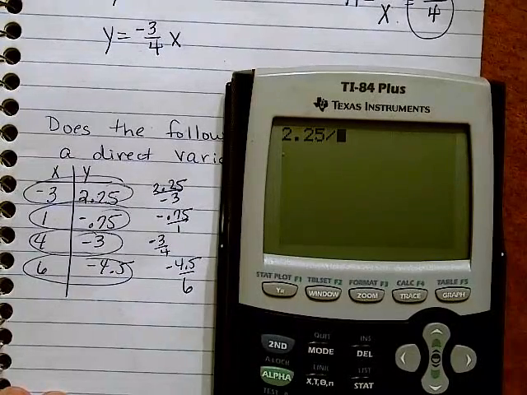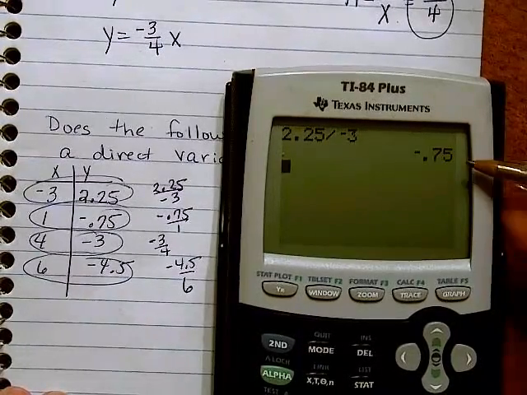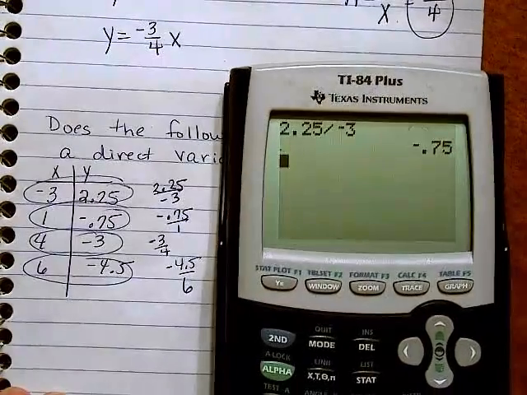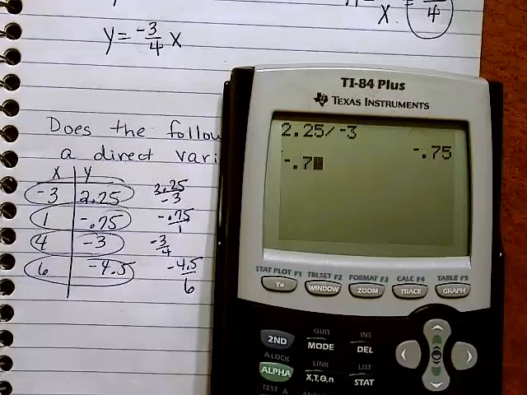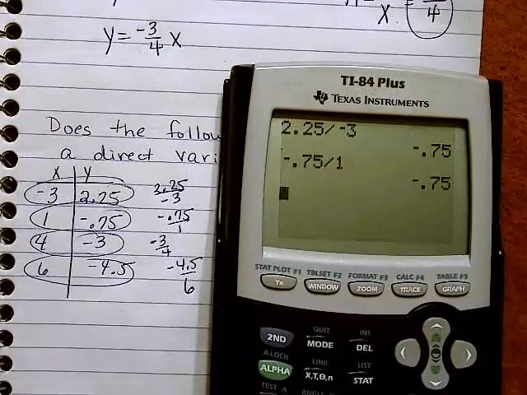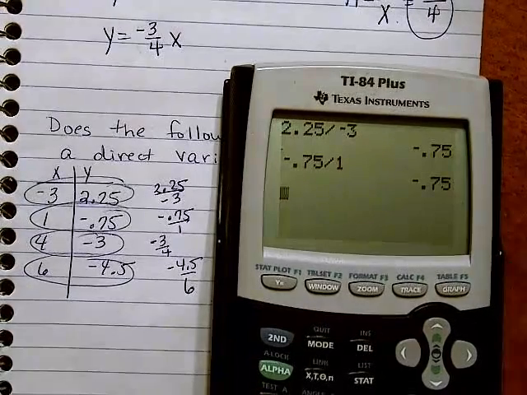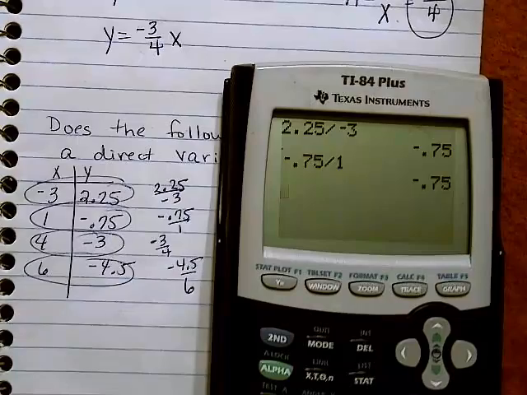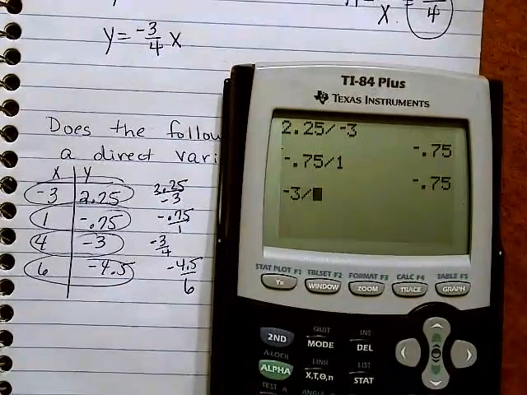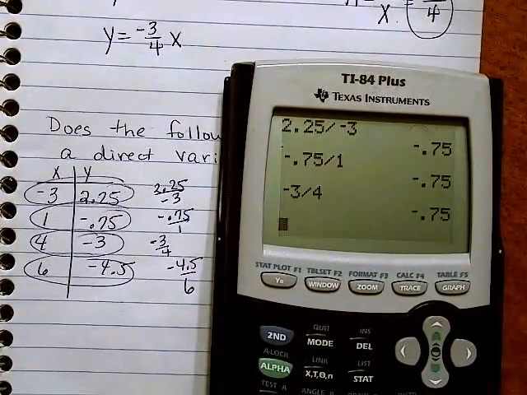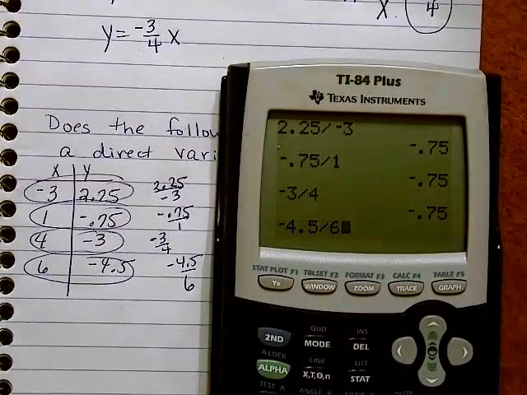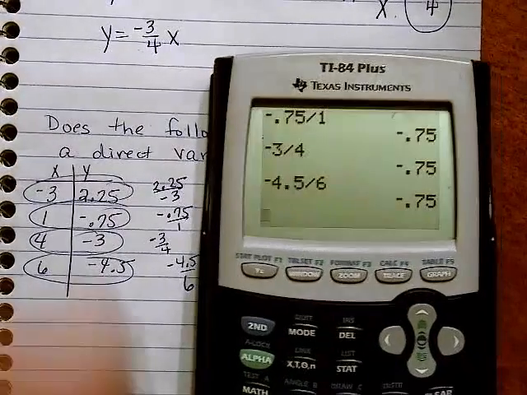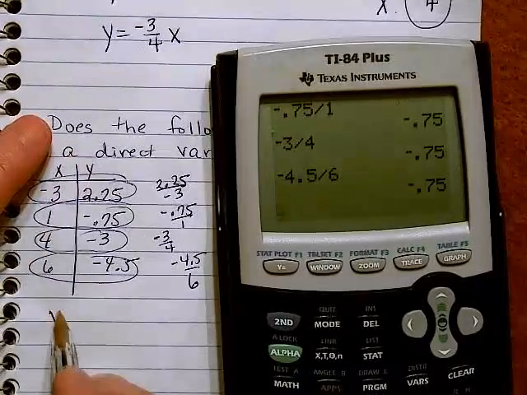2.25 divided by negative 3. I get negative 0.75. Okay? Let me try the next one. Negative 0.75 divided by 1. I get the same thing. So far, so good, but they all have to match, every single one of them. Negative 3 divided by 4. Yes, that works. Negative 4.5 divided by 6. That works as well. So is this a direct variation?